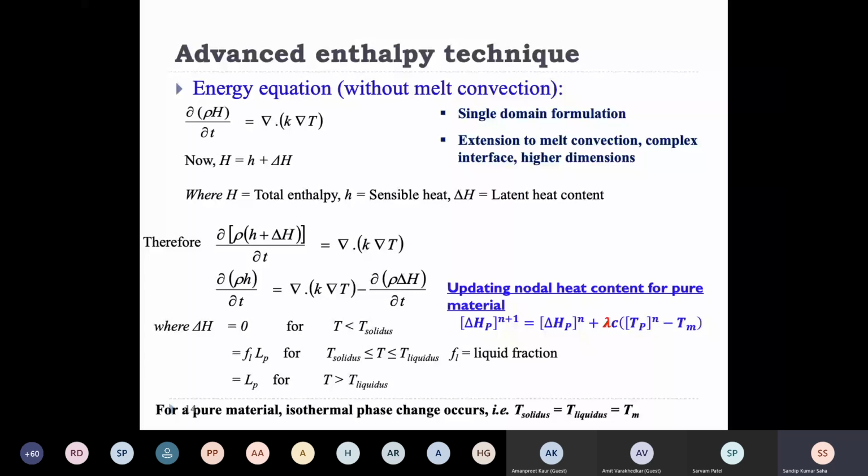So if you use this enthalpy updation scheme, you will find that the source term during the iteration can be easily calculated. This is easy to code and people use it for simulating phase change, where the assumption is that conduction transfer is occurring, because I haven't included any convection or advection part here.